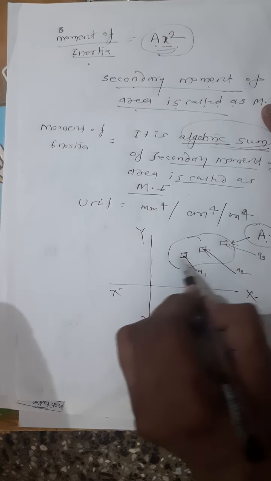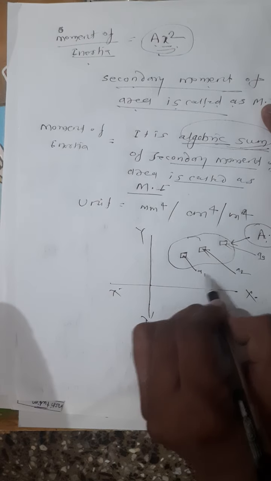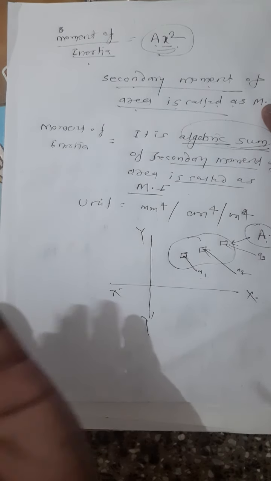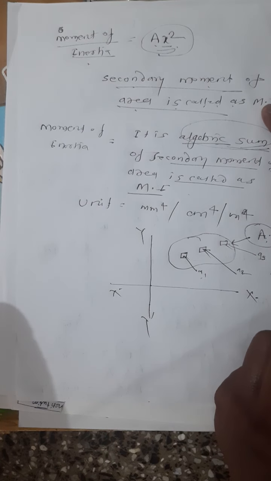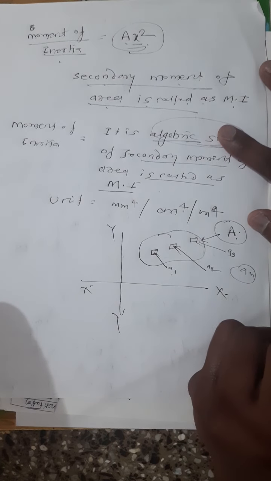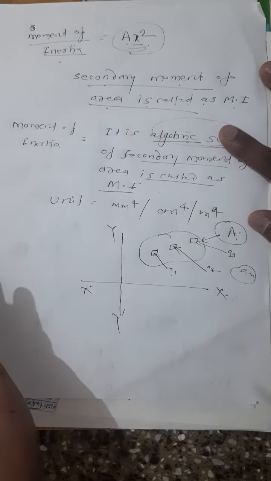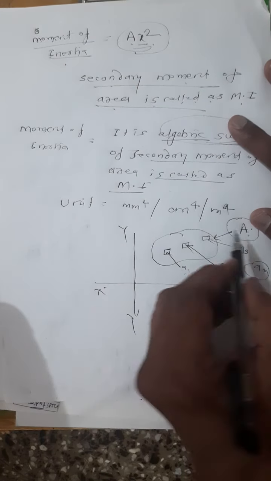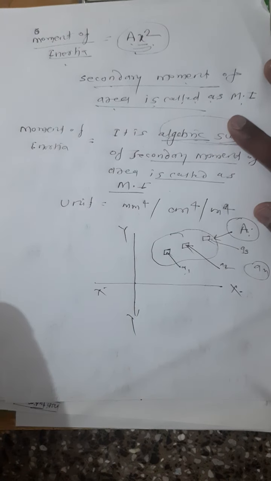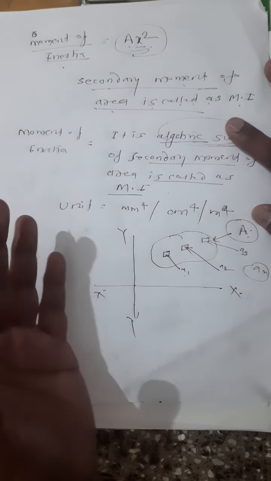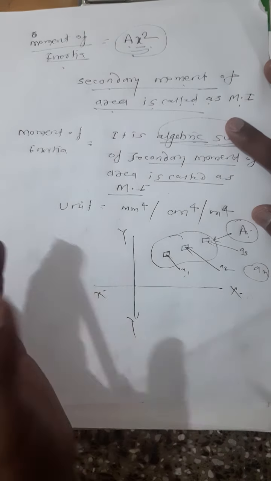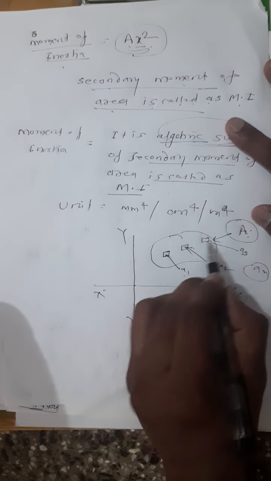So this total area is the summation of these small elementary areas we have considered: a1, a2, a3, and likewise an, where n means the number of areas. By addition of the number of areas it becomes the total area. You know this very well. Just for understanding, we consider three elementary areas of this total area.